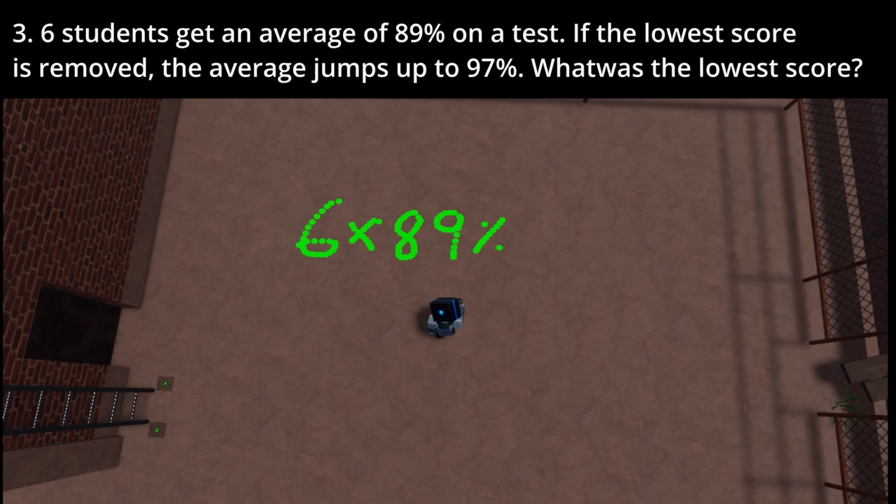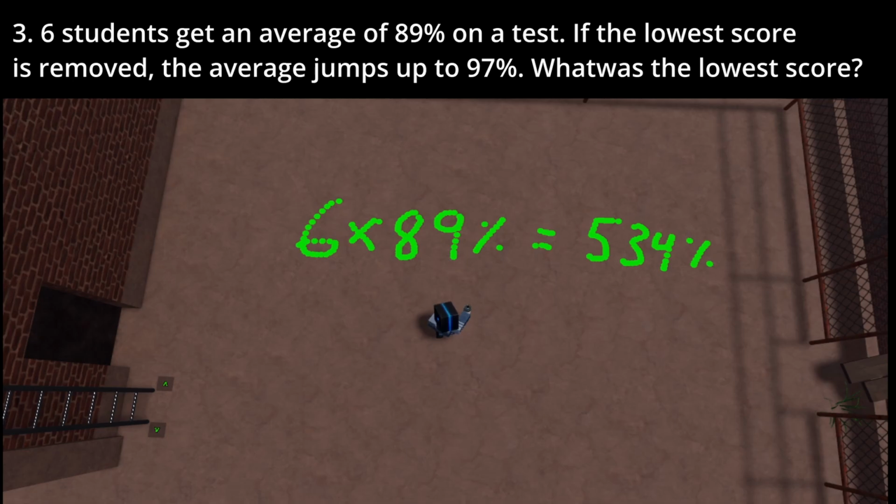Now, in reality, each student probably did not get an 89 on this test, but this is what an average allows us to do. And what this does is, if I do 6 times 89%, I find that the total percentage sum across all of those tests is 534%. So basically, if I add up each student's score, it would sum up to 534 total percent.